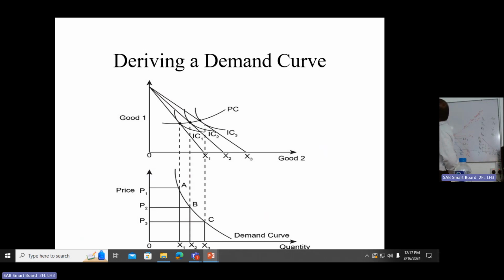Based on that, we derive the demand curve. The same thing is explained here. We can put the values here. You need to explain the story behind this.